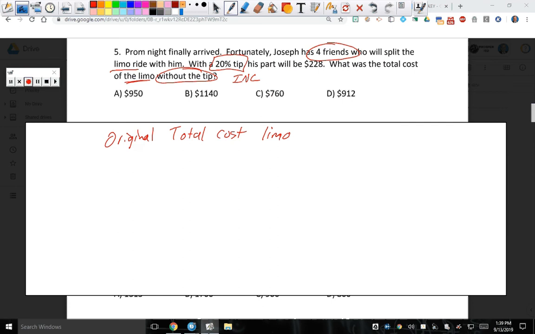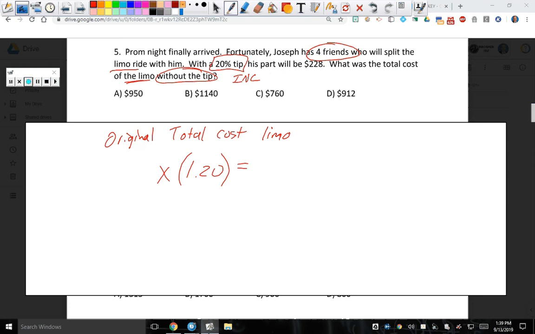Yes, Colin. So the tip is also split between the 4, right? Yeah. So if I'm doing a 20% tip, which is more, how do I start the setup? X times what? 1.20. You with me?